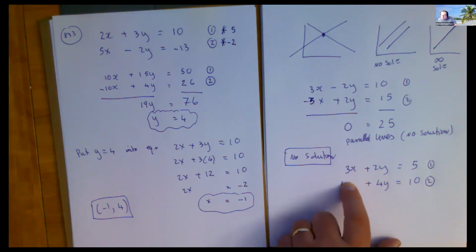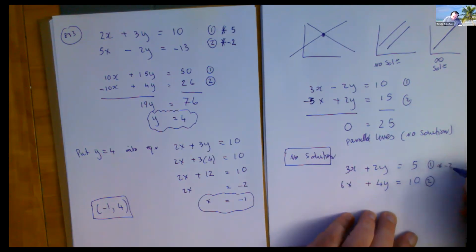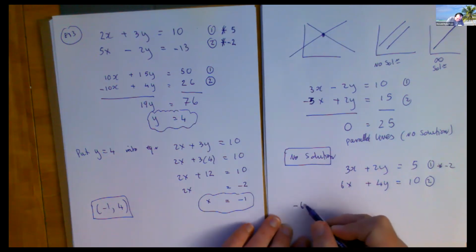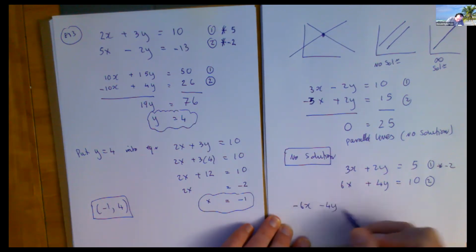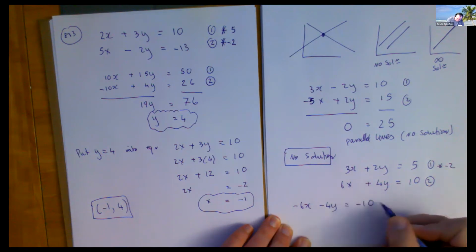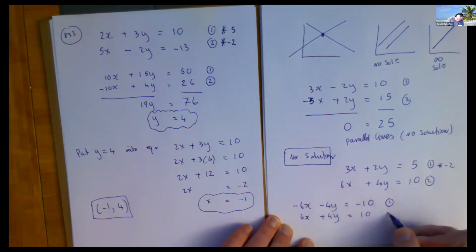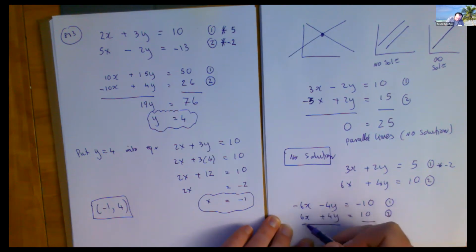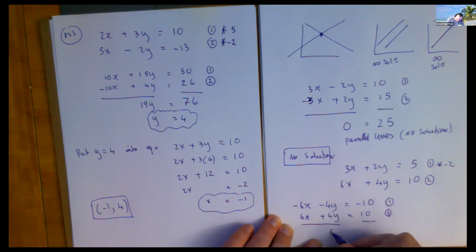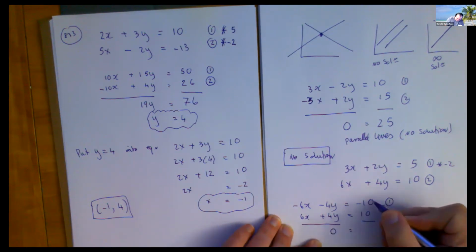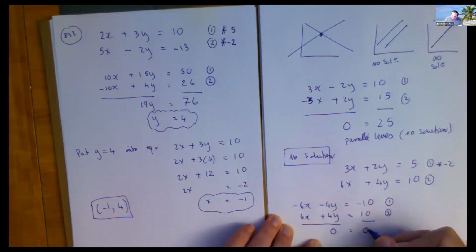Can I turn 3x into negative 6x by simply multiplying equation 1 by negative 2? And that gets me negative 6x, negative 4y equals negative 10. And I don't need to, in this particular case, do anything at all to the second equation. But when you add them, the x's disappear, the y's disappear, so that means 0. And the two numbers cancel each other out, and you get another 0.